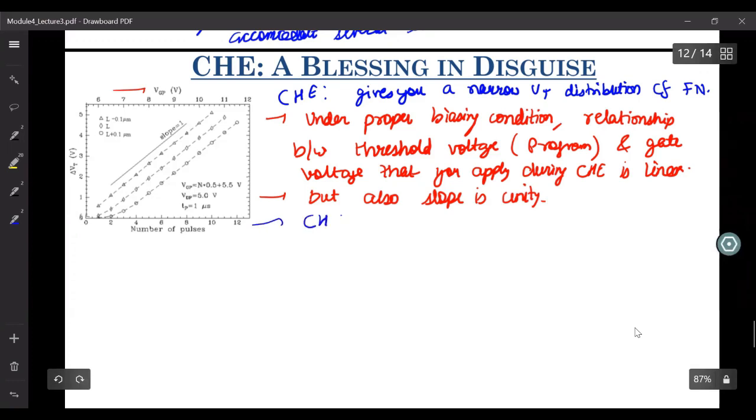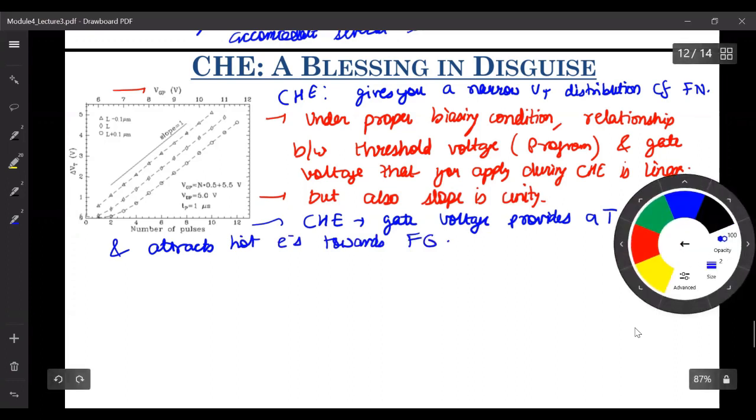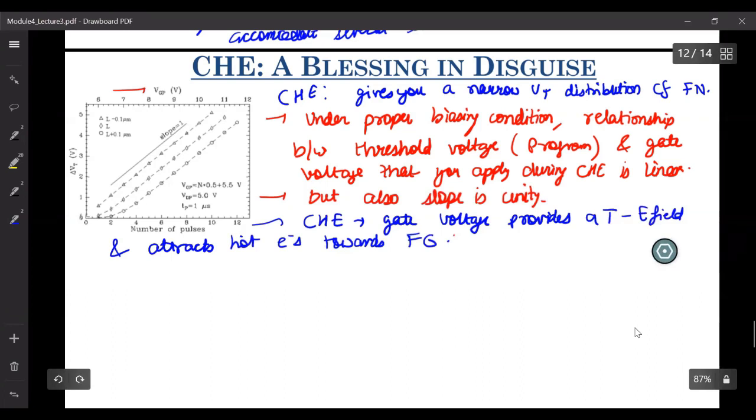In CHE, your gate voltage provides a transverse electric field, and it attracts hot electrons which are flowing in the channel towards your floating gate, right? So that is the role of this gate voltage. We also said in the previous lecture that it facilitates the program process.